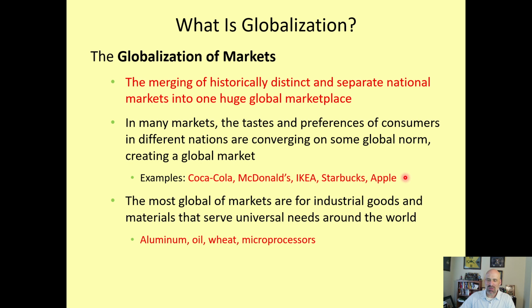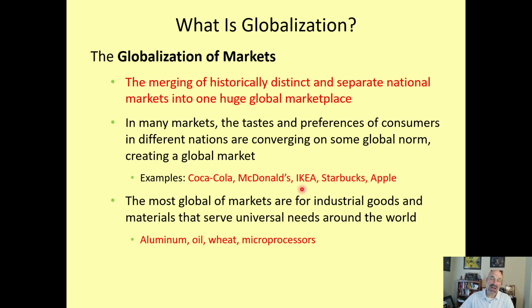In other words, if you travel around the world, it's very likely that you're going to see Coca-Cola, McDonald's, and IKEA. Remember now, because most of us are Americans in a university in the United States, we tend to look at these things from a uniquely American perspective, but globalization involves countries from around the world.